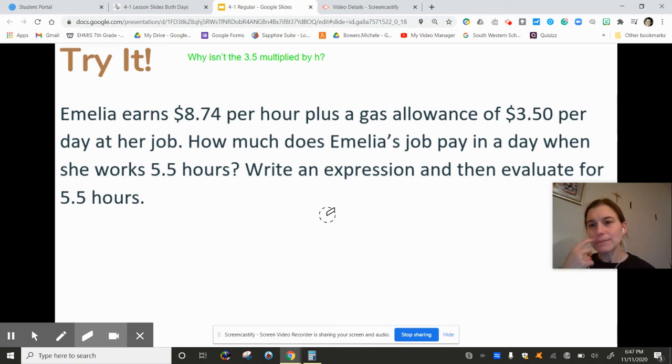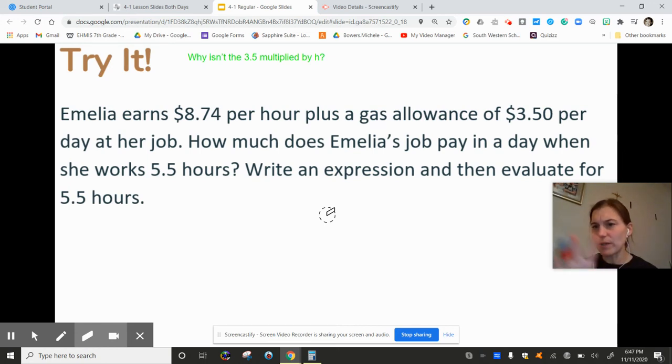So she's working 5.5 hours, but she gets it only for one day. So she earns $8.74 per hour, plus she gets $3.50 per day. So since we're only worried about days, even though the $3.50 per day is a unit rate, that unit rate is only one day.